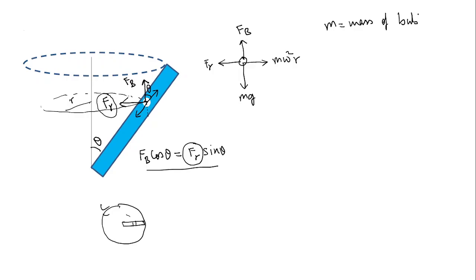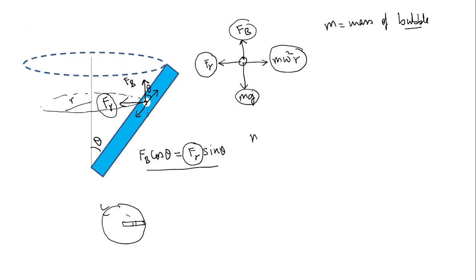Now you see how easy and simple it has become. As it has to be in equilibrium, we can clearly say Fr should be m omega square r, and Fb should be mg. So put it here.